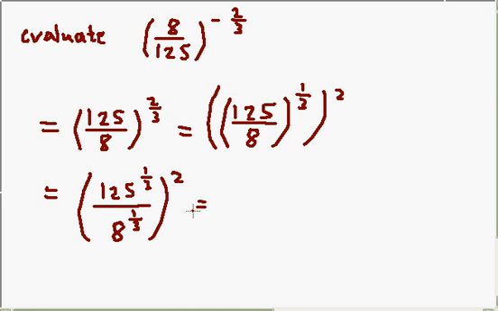That should probably have been another law, but I didn't want to do too many. You really should know that you can do that. So the cube root of 125 is 5, and the cube root of 8 is 2. So we've got 5 halves squared. Now you'll already know that 5 halves squared just means that I can square the top and square the bottom.